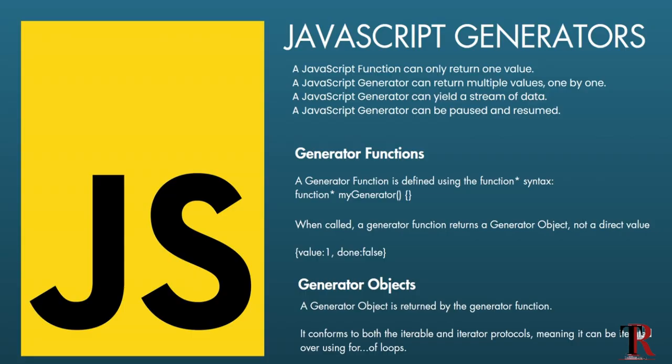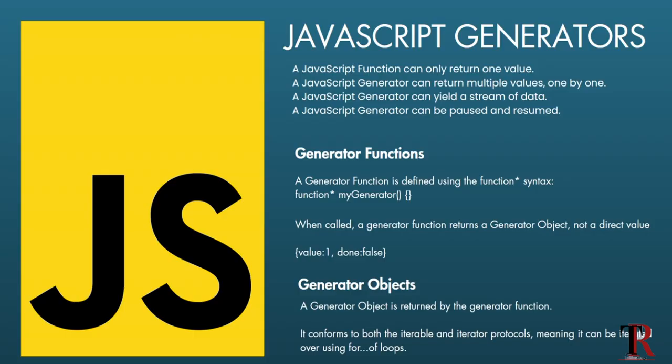Now, if you pay attention to what I just read, one thing is clear, and that is the fact that a generator has to do with functions in JavaScript. And that is why the first line says a JavaScript function can only return one value.